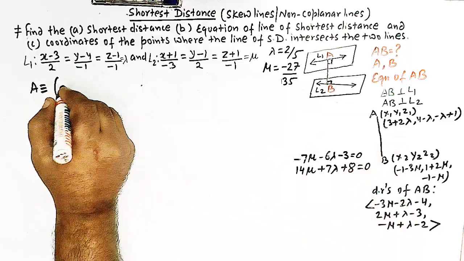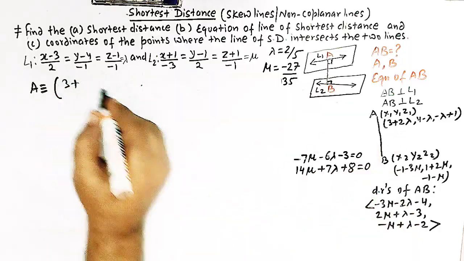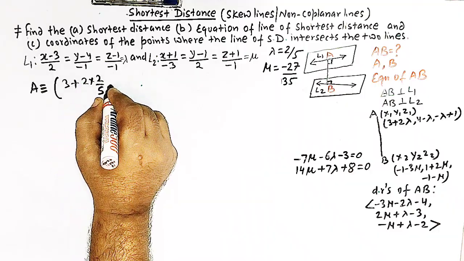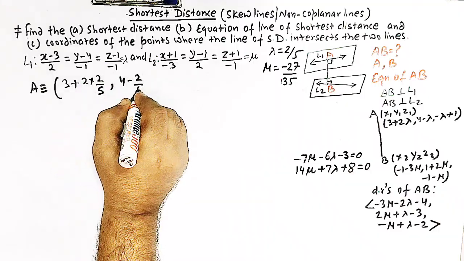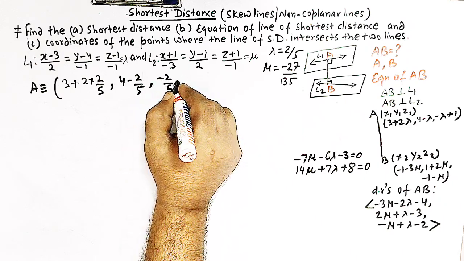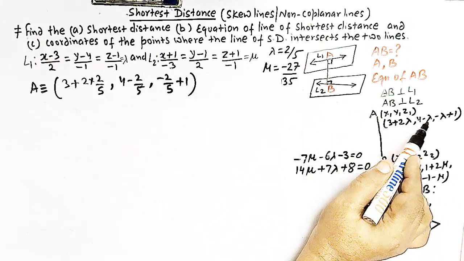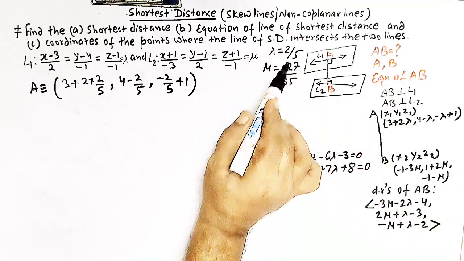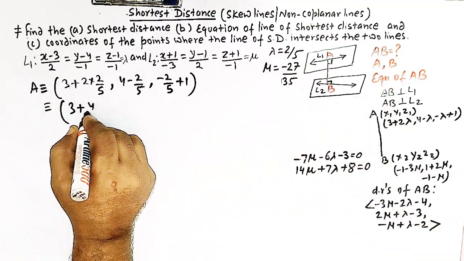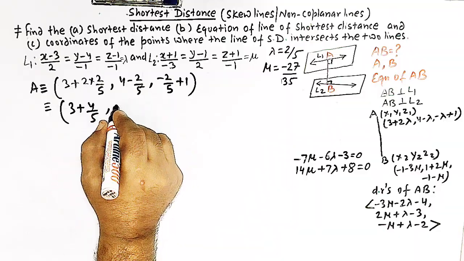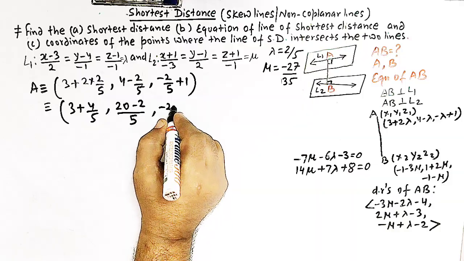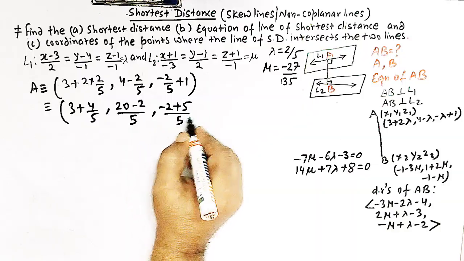So we have 3 plus 2 times lambda, so 2 times 2 over 5, then 4 minus 2 over 5, and minus 2 over 5 plus 1. So taking lambda equal to 2 over 5, now we have 3 plus 4 over 5, this is 20 minus 2 over 5, this is minus 2 plus 5 over 5.